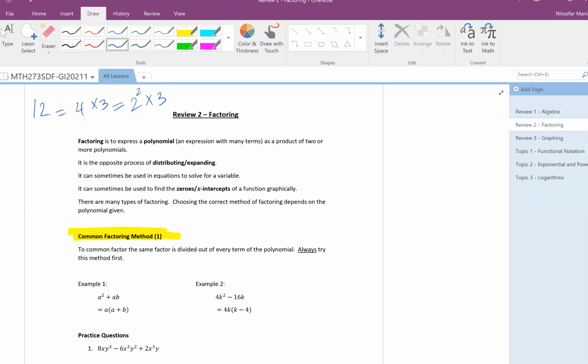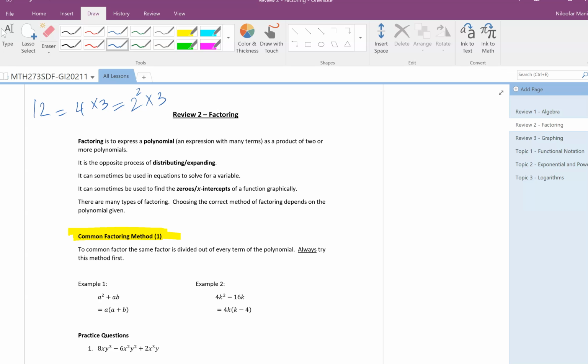Now we want to do it for polynomials. For a polynomial, you have x, y, different variables, numbers all together, terms, addition. Factoring means you have several brackets in multiplication, and each of them is a simplified polynomial.